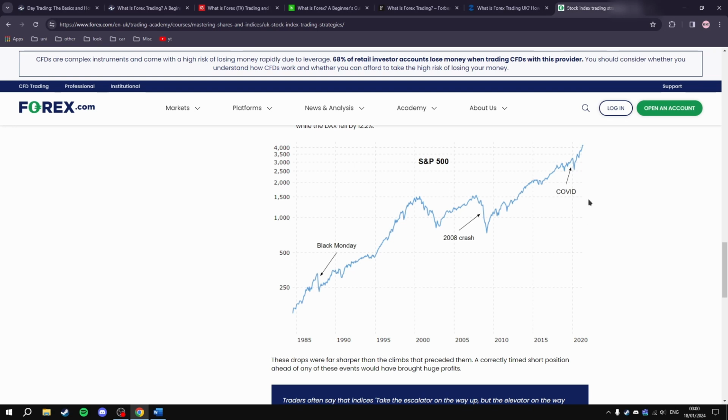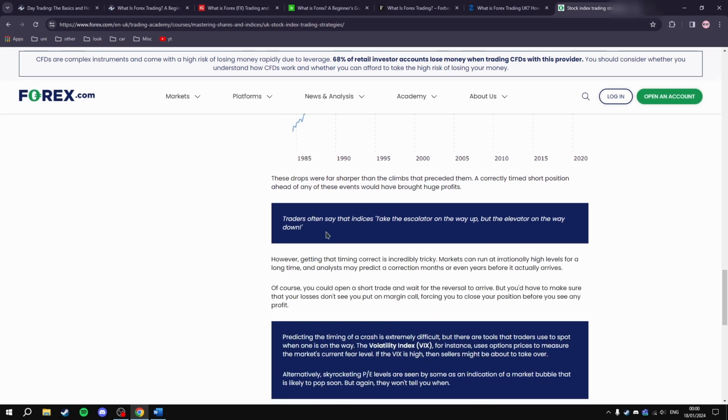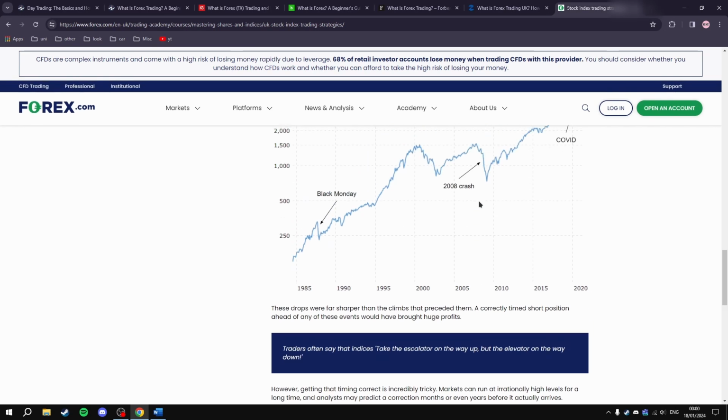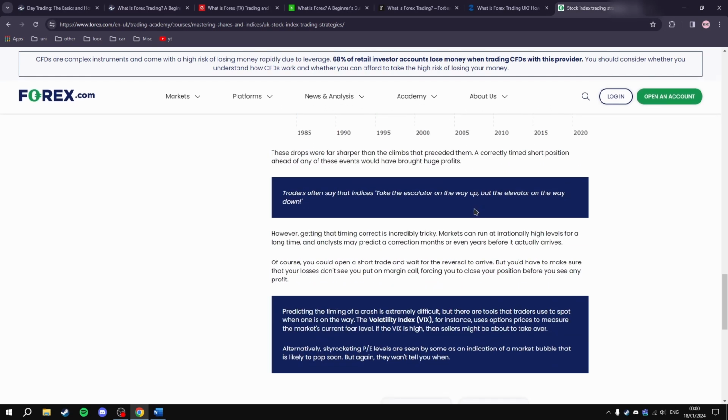So we sold them basically. Traders often say that indices take the escalator on the way up, but the elevator on the way down. Also, it's slower when going up, but when going down, then it's well fast.